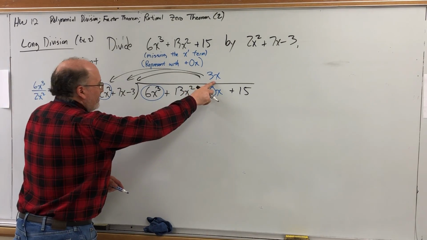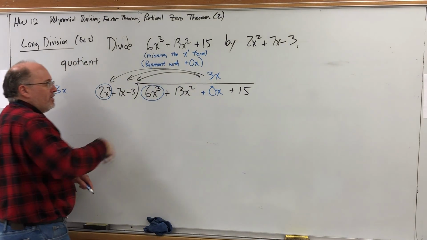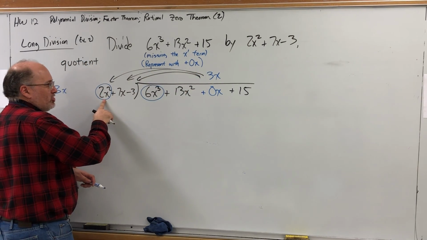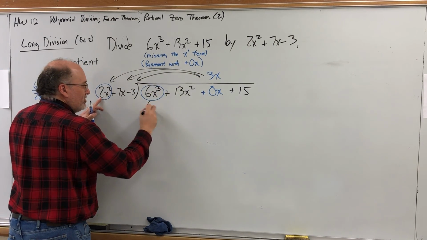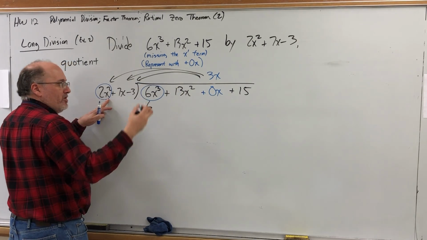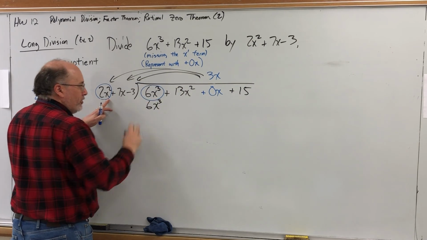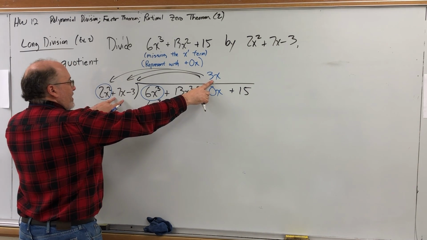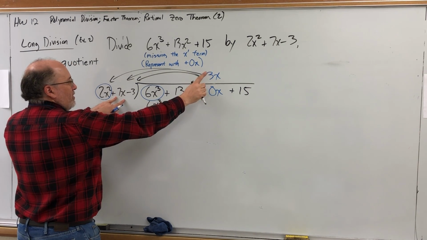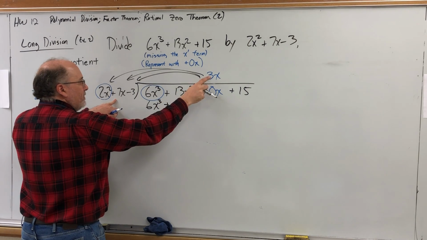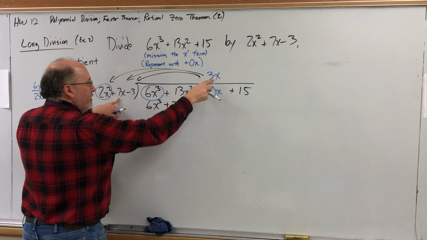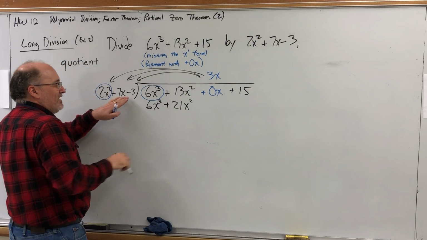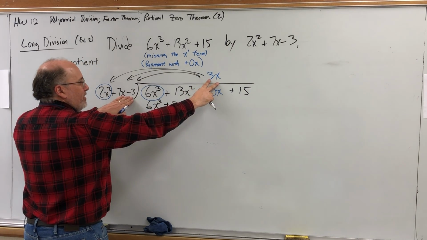So if I multiply 3x times all of this by distributing and line up like terms, 3x times 2x squared, 3 times 2 is 6, x times x squared, add the exponents, x to the third, those match what I was expecting. 3x times positive 7x, positive times positive is positive, 3 times 7 is 21, x times x is x squared. And then lastly, 3x times negative 3.